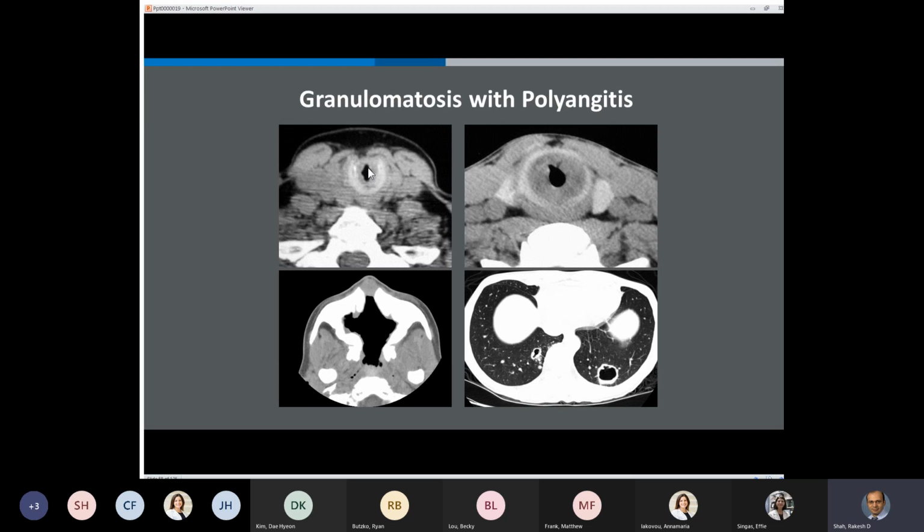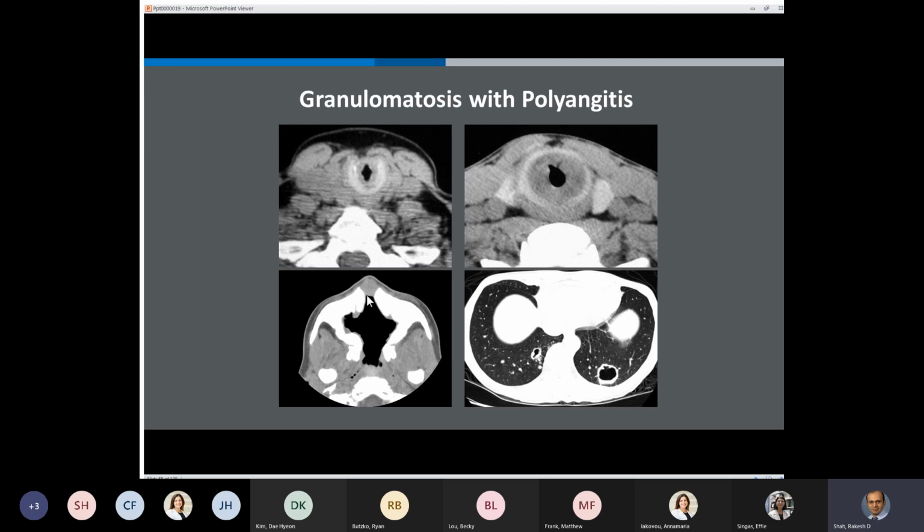Here's a different patient. Usually it is subglottic thickening and narrowing of the trachea, but sometimes it can be diffuse. One of the characteristic findings is that you may see little ulcerations in the areas of thickening. Those individuals may have other accompanying findings. So this is a CT axial image of the face at the level of the nose.